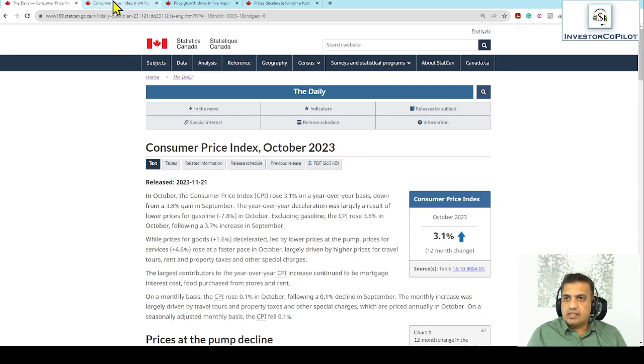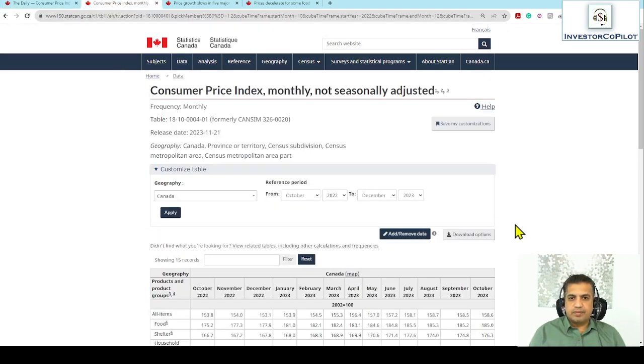So that is the major indicator that we have here. Now, let's switch to the next page. There is a lot of information on this page. This is a tabular format to show the exact rise in CPI month over month. I have selected the geography as the whole of Canada. The reference period is October 2022 till December 2023.